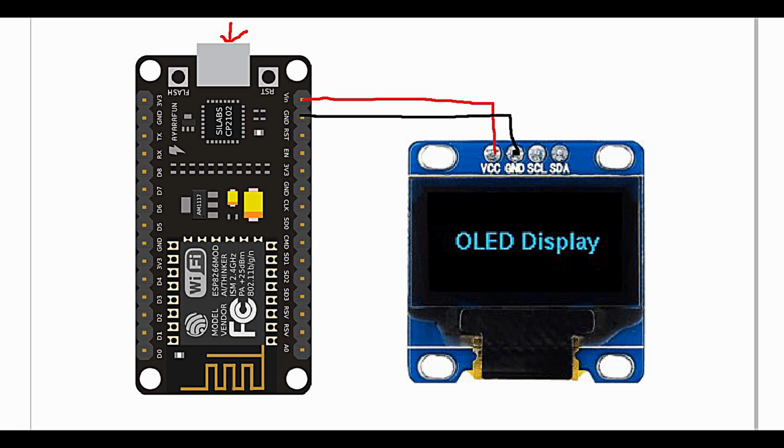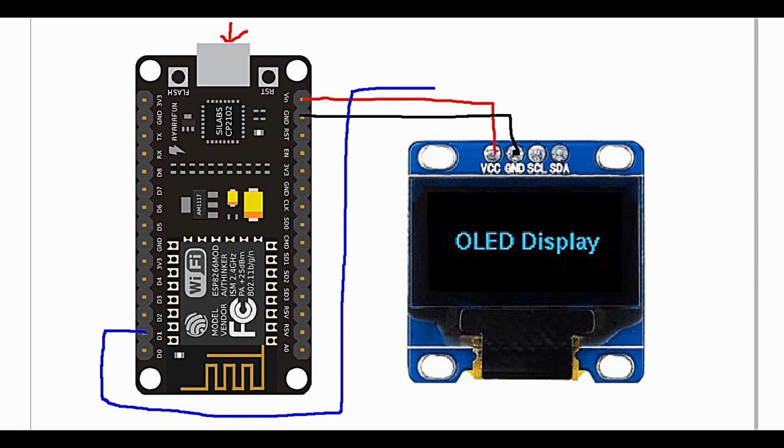The clock pin, I am going to connect it to D1 of the NodeMCU right over here. So I am taking D1 for connecting the clock pin of the OLED display, and for the data pin I will be using the D2 pin of the NodeMCU.